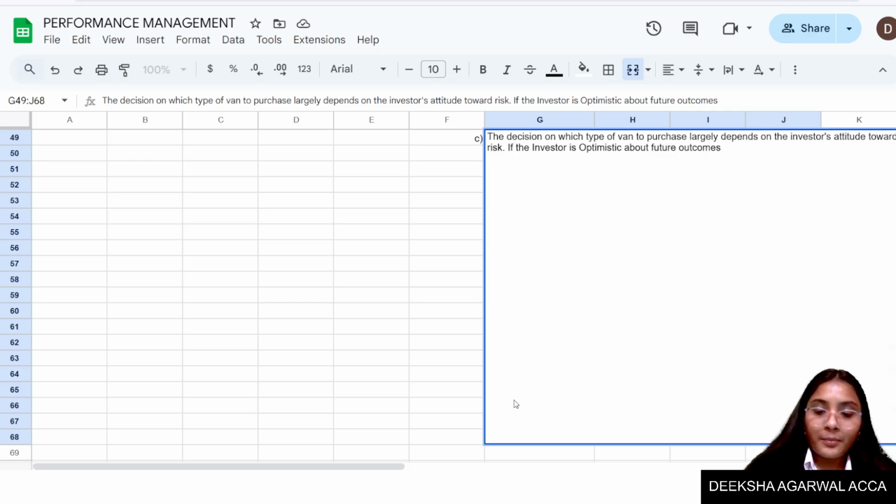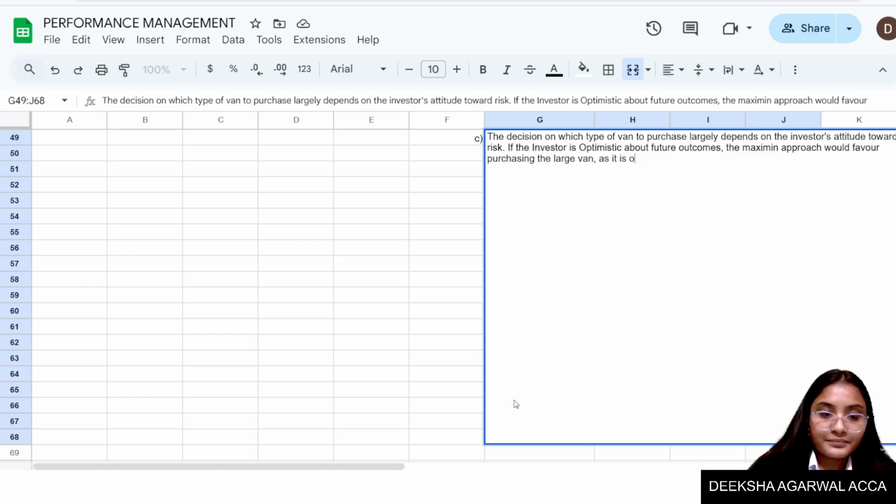The maximax approach would favor purchasing the large one. Correct? As it is offering the higher potential profit. That is what will happen.